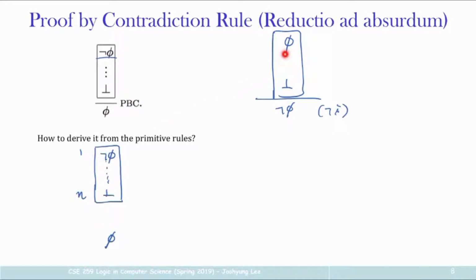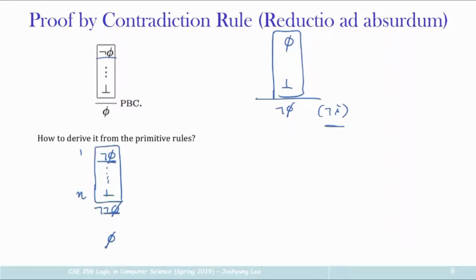If you start with phi and derive bottom, you get not phi. Now, substitute not phi for phi. Then what should you derive here? Not phi. If you start with not phi and derive bottom, then you get not not phi. That's what the negation introduction rule is saying. But we want to go from not phi to phi. What can you do?